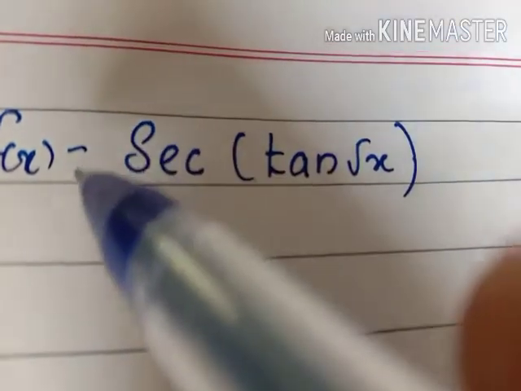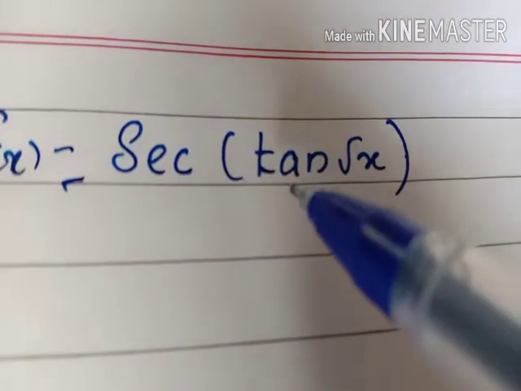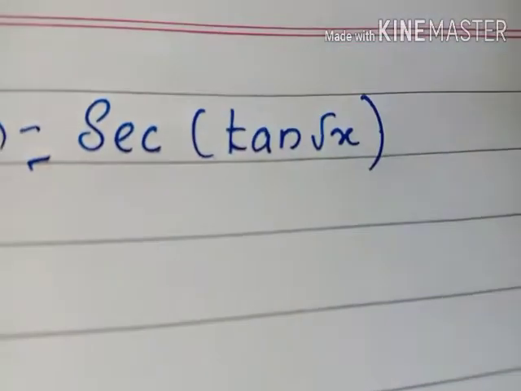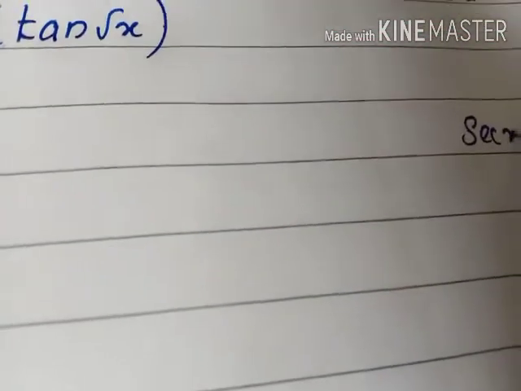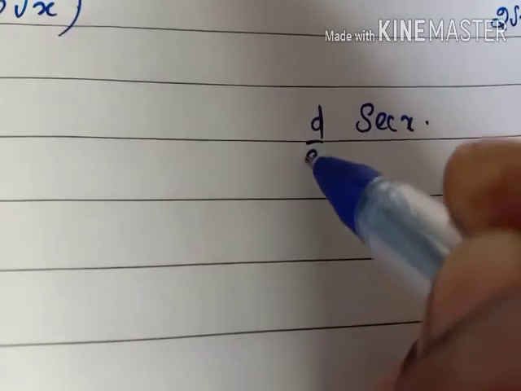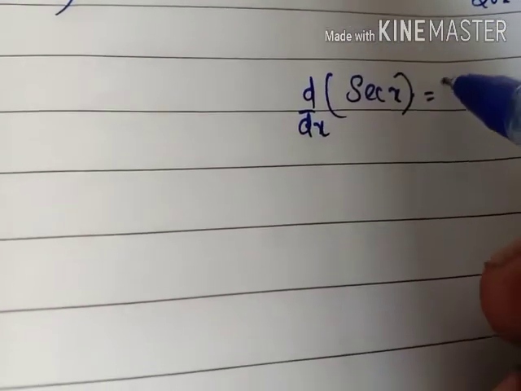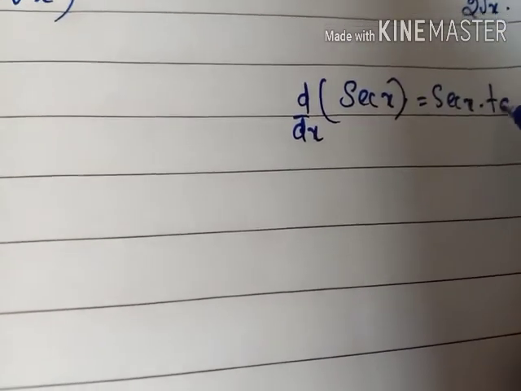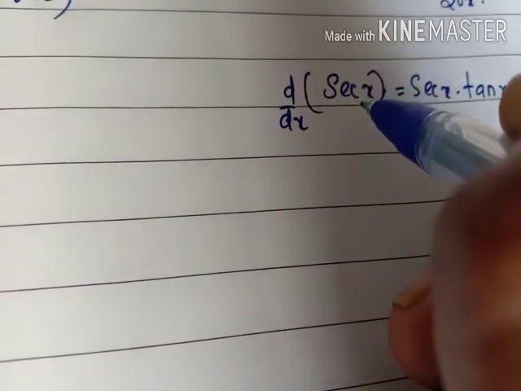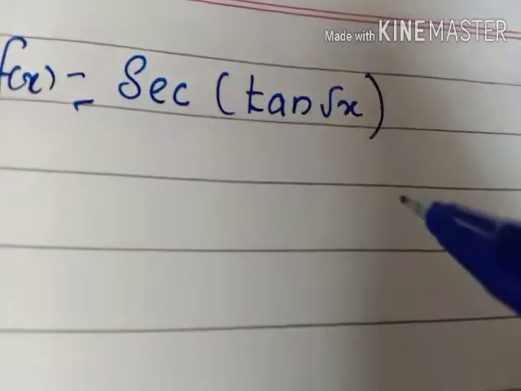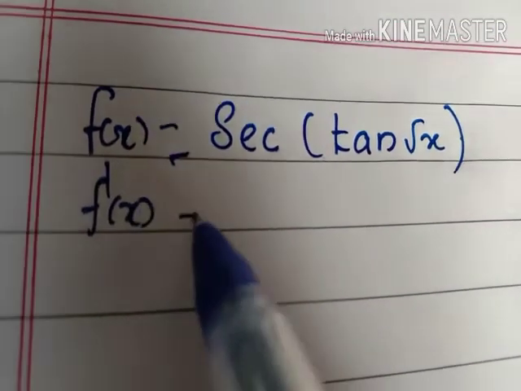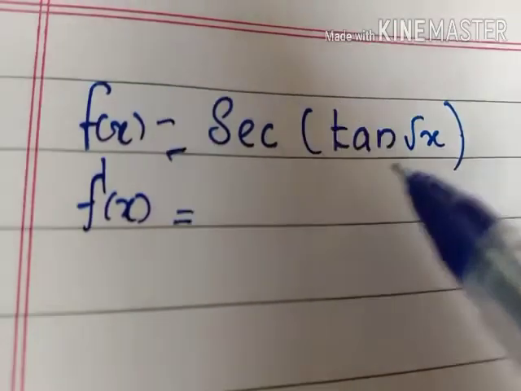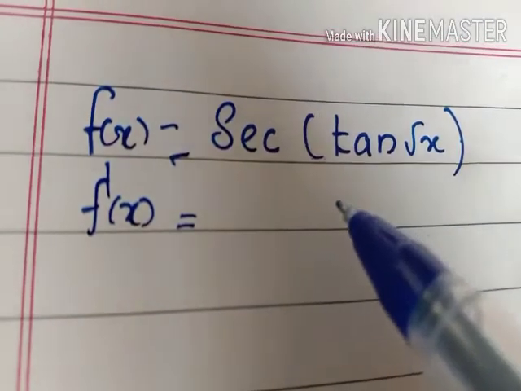Another question, f of x equal to sec x tan root x. So we want to know derivative of sec x. Derivative of sec x is sec x tan x. Now just neglect this tan root x.